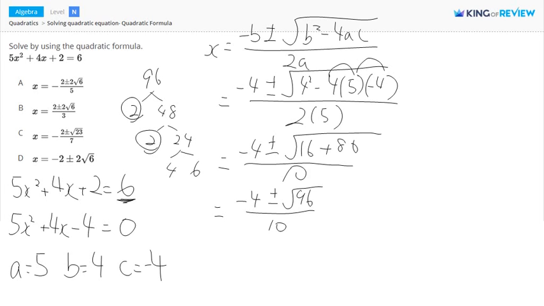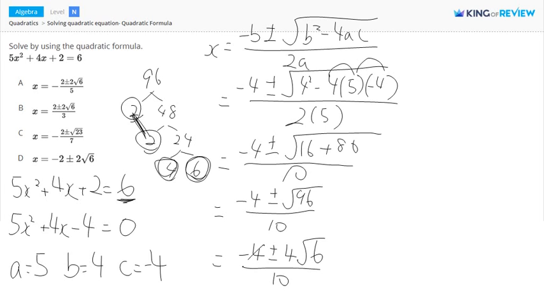So you realize I can pull out a 2, and I can pull out a 2 from this 2, and therefore I'm going to be remaining with 6 inside. Therefore this is 2, and that's 2. That's going to be 4 root 6. So this should say 4 root 6 over 10.